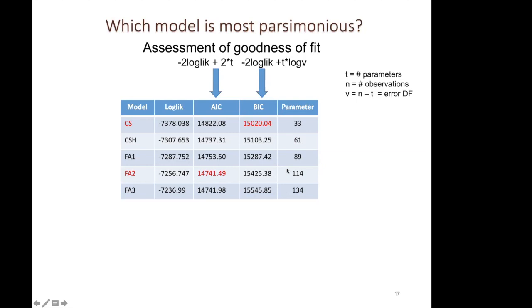And looking at BIC, it identifies compound symmetry as the best model.